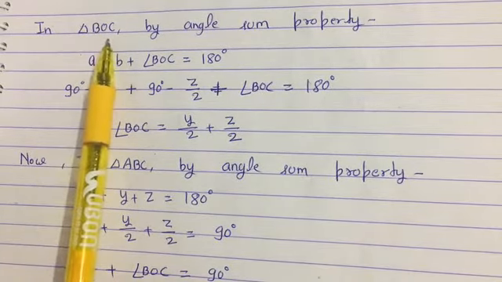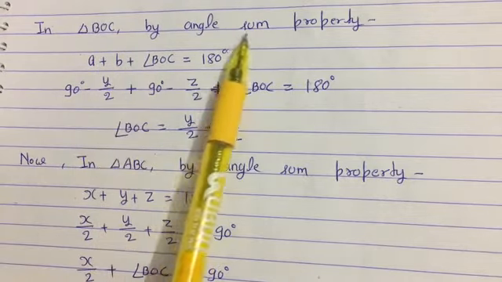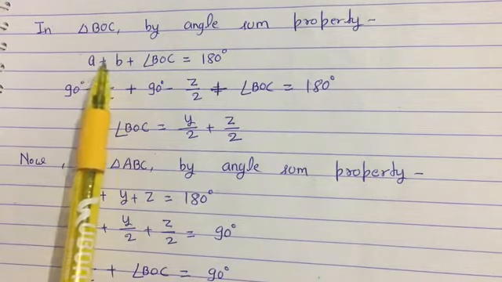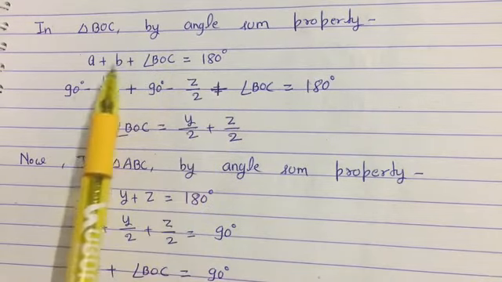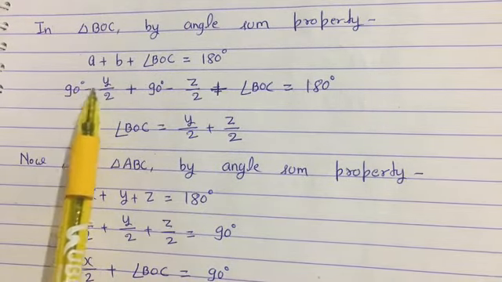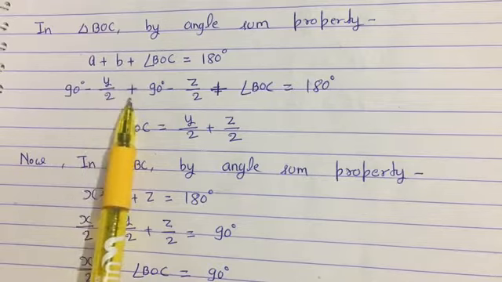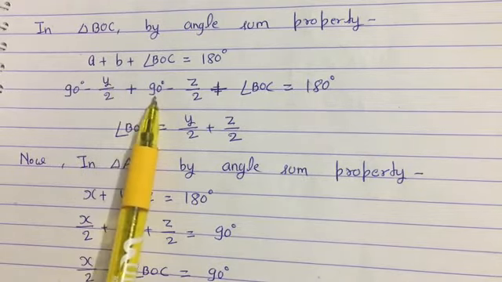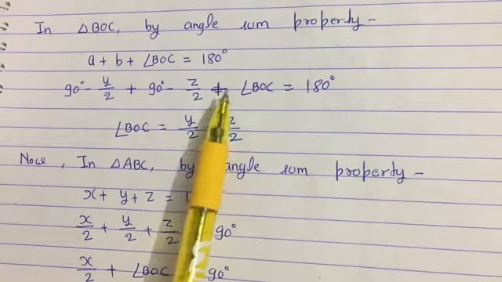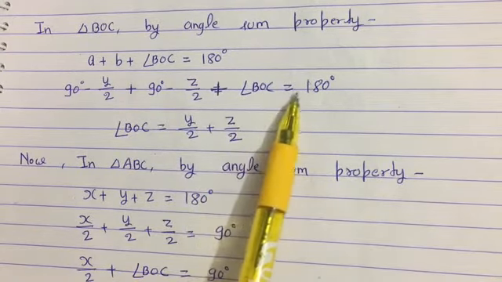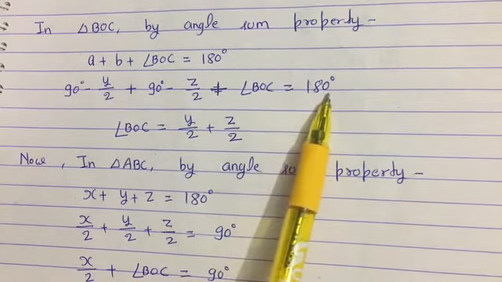In triangle BOC, by angle sum property, a plus b plus angle BOC is equal to 180 degree. The value of a is what? 90 minus y by 2, plus the value of b is 90 minus z by 2, plus angle BOC is equal to 180 degree.